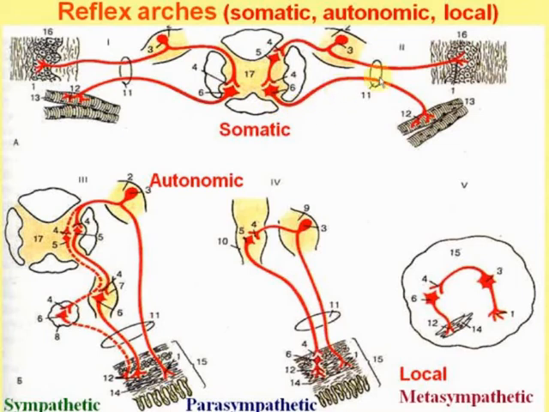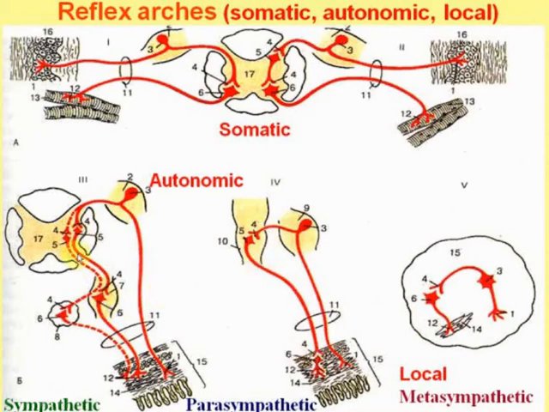The autonomic nervous system, both sympathetic and parasympathetic, has a similar afferent part, also composed of sensory neurons of the spinal ganglia, but the efferent part consists of two neurons.